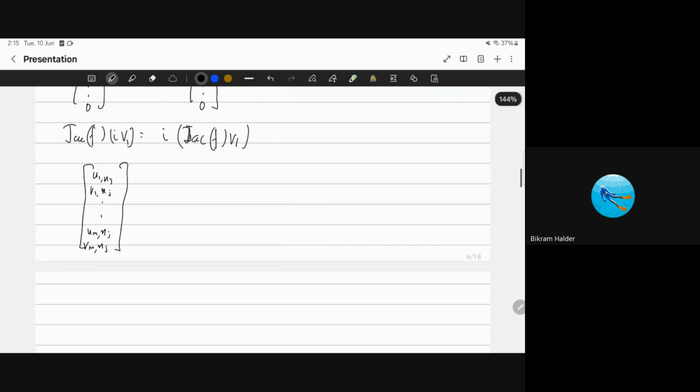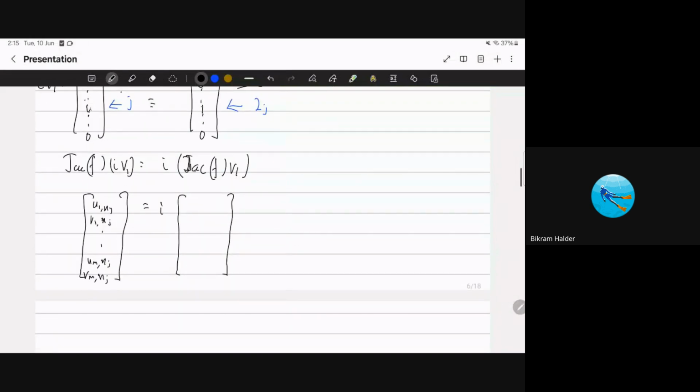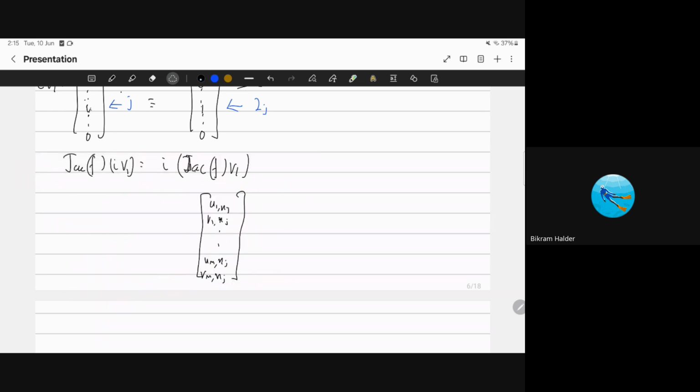And then i times this thing, which is the Jacobian of f times ej. So let me rewrite this. So this is i times the Jacobian of f times ej, and on this side we have the Jacobian of f times i ej.